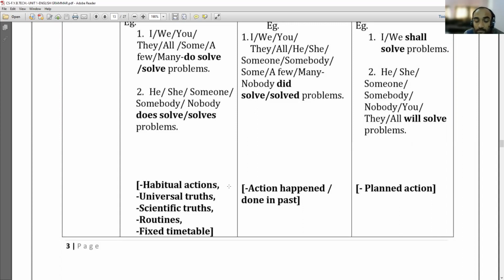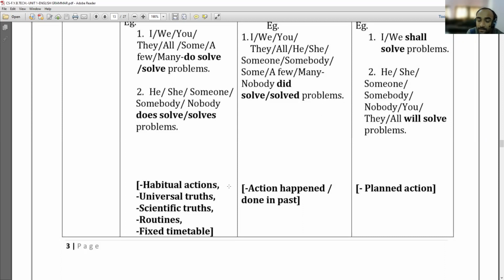Whatever scientific truths are there, for example, a scientific truth like oil, edible oil or whatever oil, floats on water. हे काय आहे तर scientific truth आहे. Oil floats on water.